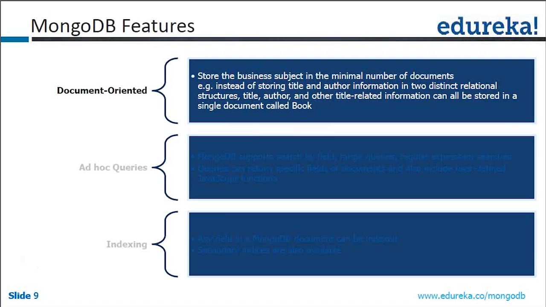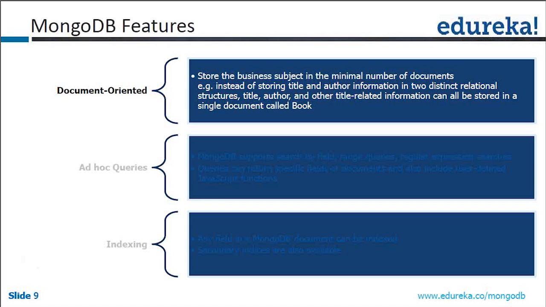So as I said, document oriented, we have already talked about it. So when we say document oriented, right, what exactly we meant? What we meant was, for example, let's say if you think of an application where you want to store title, author, or let's say some information about books, for example.